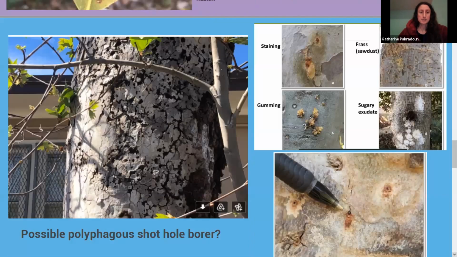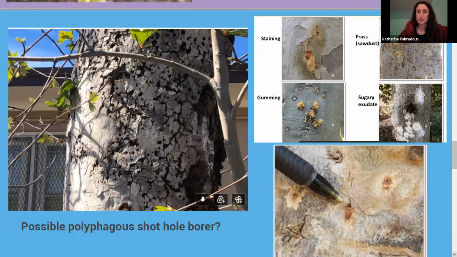All right, so next we have a sycamore tree, and the sycamore, among other species, is susceptible to the polyphagous shot-hole borer. That's the very, very dangerous beetle that's been coming through California and Southern California. It's made already a very strong presence, and it attacks the trees.